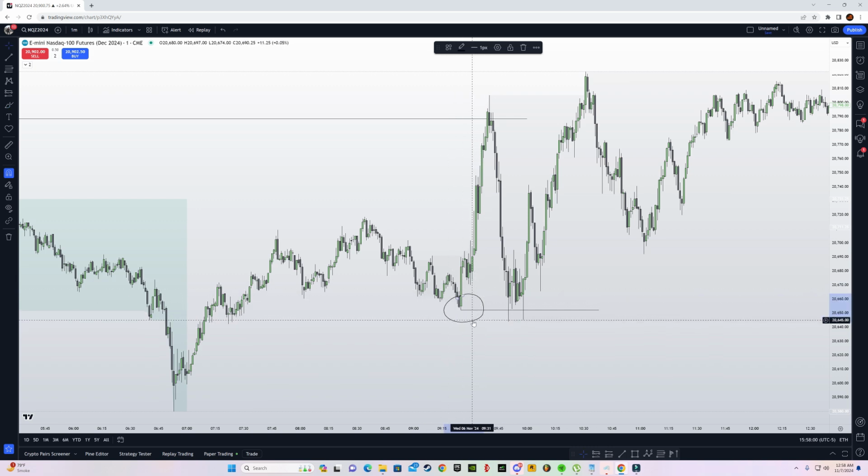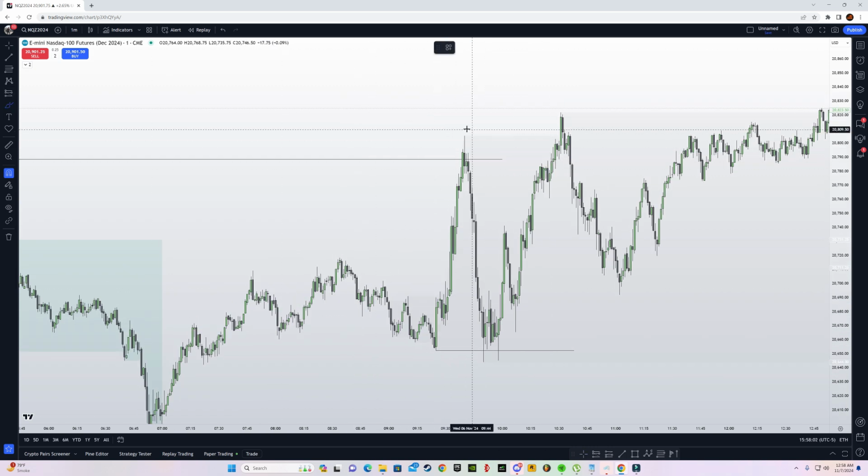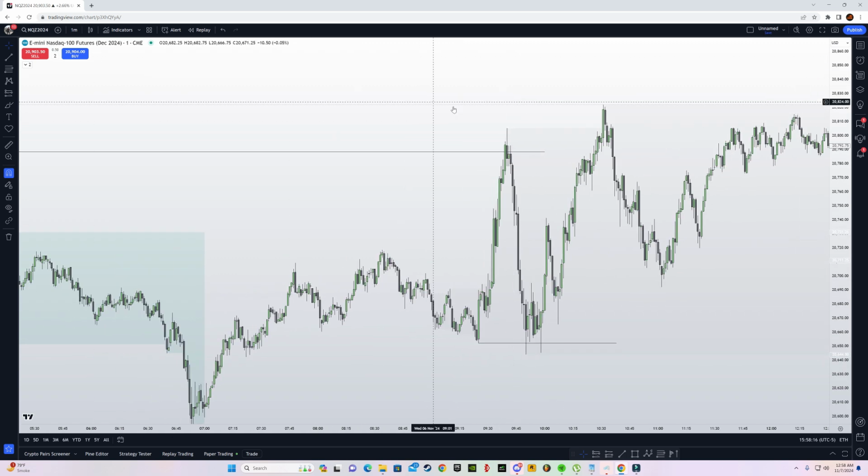And I was like, we have taken out the 1 hour buy side liquidity, right? So we may see some form of a pullback or a rejection from this level, at least on the 1 minute time frame, not on the 5 minute, but on the 1 minute, right? And I usually trade NASDAQ futures on the 1 minute time frame, and you should too, if you have a correct bias, of course.